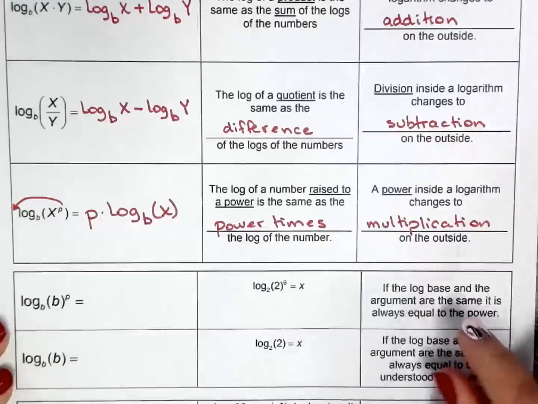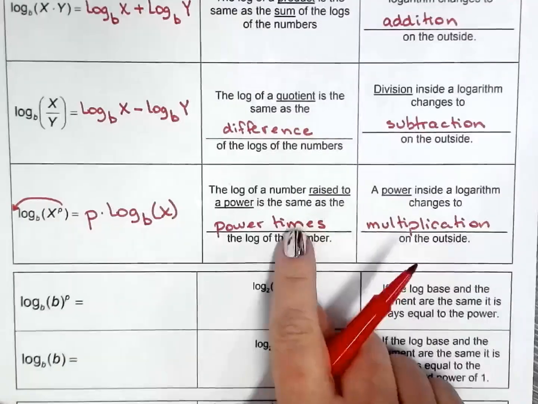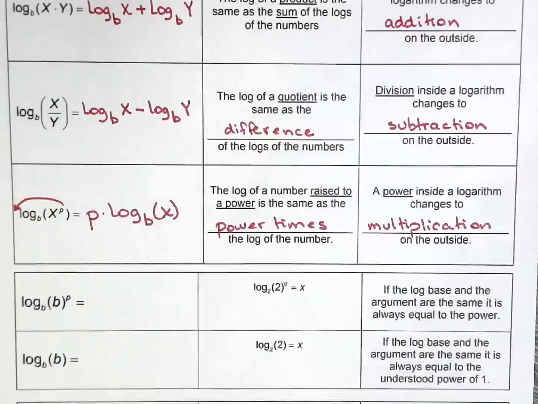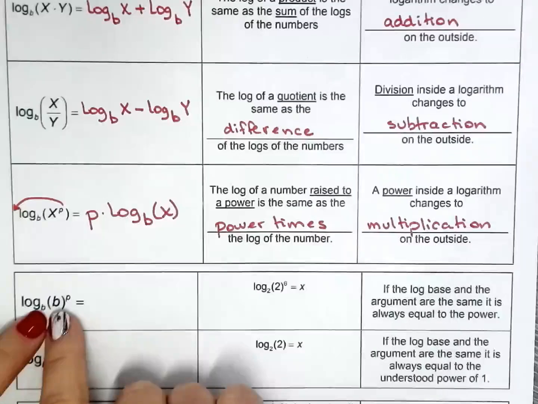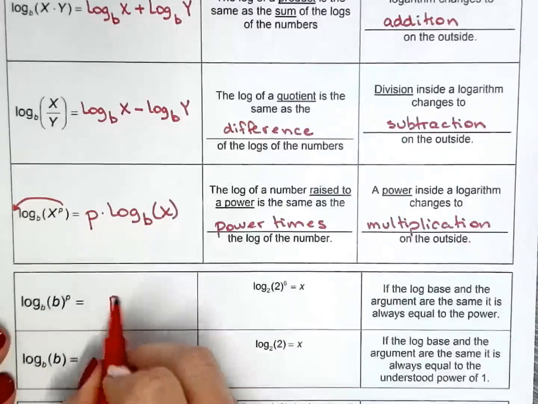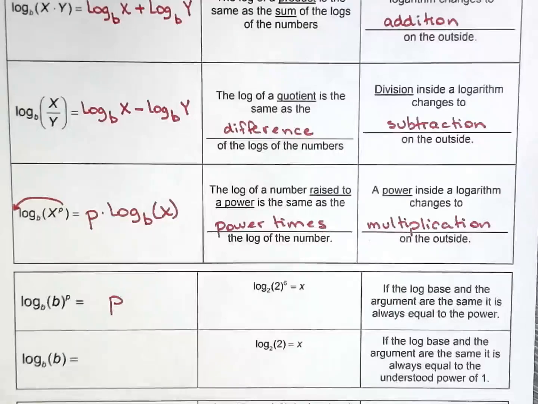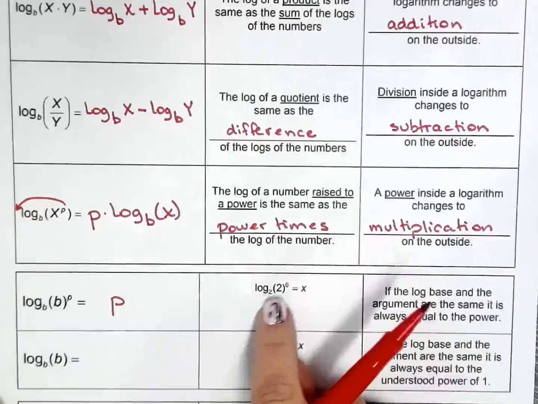Now, the next two properties are the same as the power property, but it's just kind of a shortcut. So notice that the base and the arguments are the same. So when the base and the arguments are the same, then your answer will be just the exponent, in this case, p. So we're using p to represent that. Here's an example.